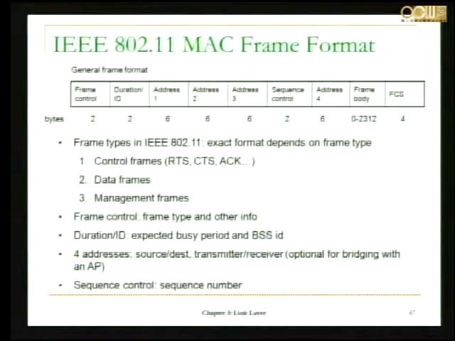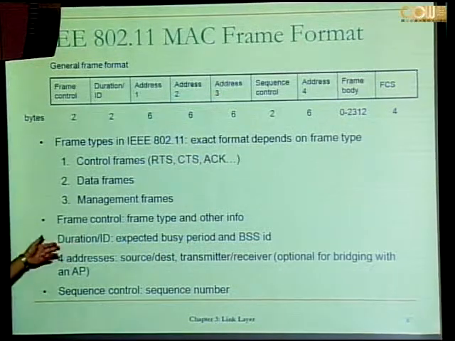Okay, and also you have another field at the end. That's the frame check sequence, which is a CRC, a 4-byte, 32-bit CRC. And also you have a field called duration ID, duration or an ID.